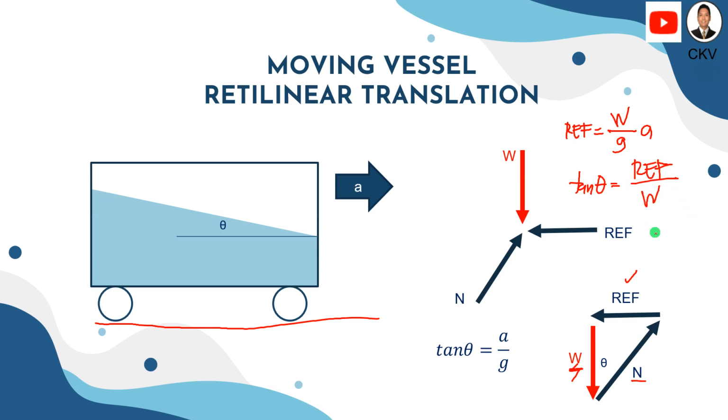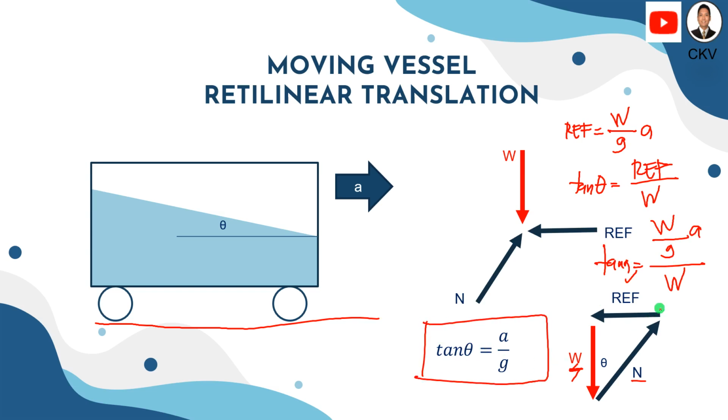When we substitute W over g for the reverse effective force divided by W, we come up with tan theta equals a over g, because the weight will be cancelled out. So what remains is a over g, or the acceleration of the body divided by the acceleration due to gravity. So that's how we determine the value for theta. Just take the arctangent of a over g, and we'll be able to determine theta here.